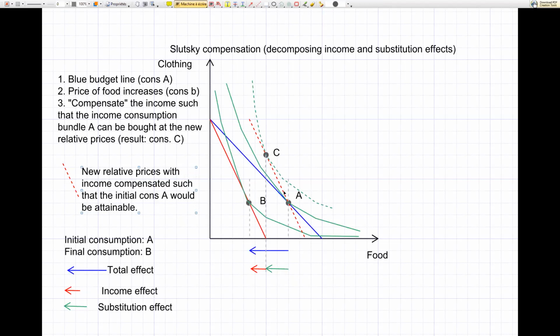So yeah, new relative prices, but then we compensate the income such that A would be attainable. It doesn't mean that the person will consume A. In fact, here we see that the person would prefer consuming C. So it makes sense. Since food is more expensive, the person would switch from food to clothing.